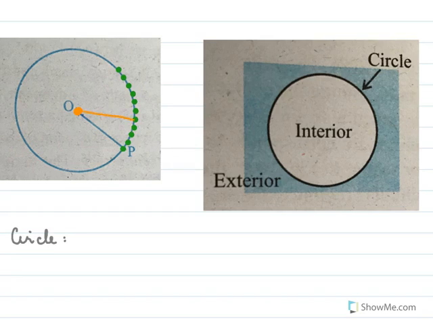So I have this distance equal to this, equal to this, and when I join all these points here, I get a circle. So a circle is nothing but a collection of all points equidistant from a fixed point.